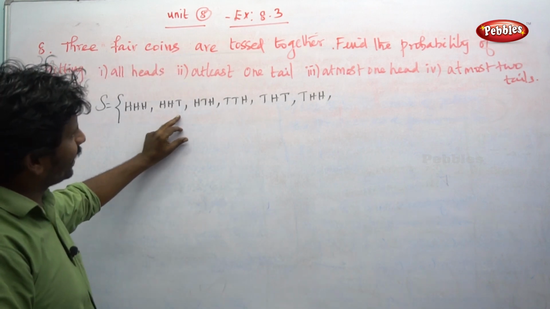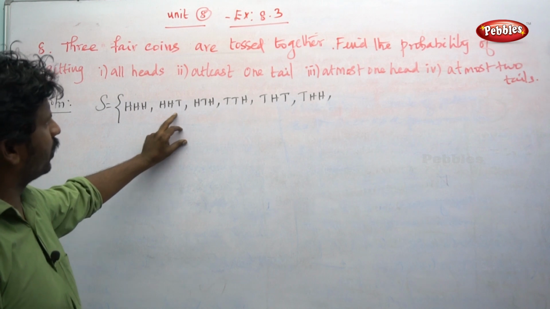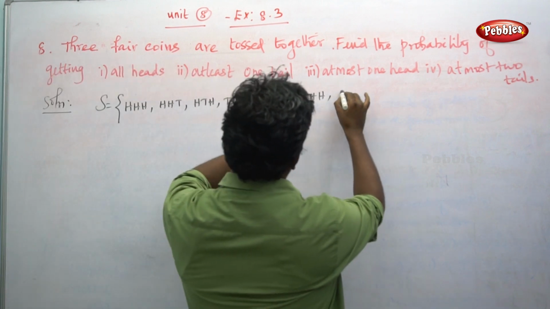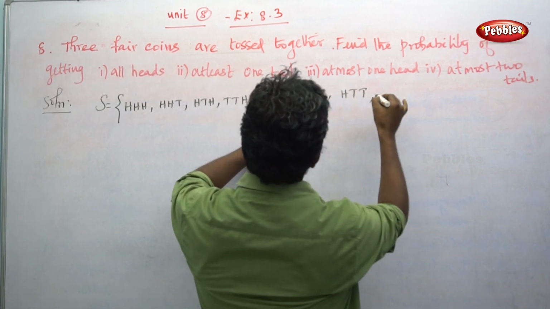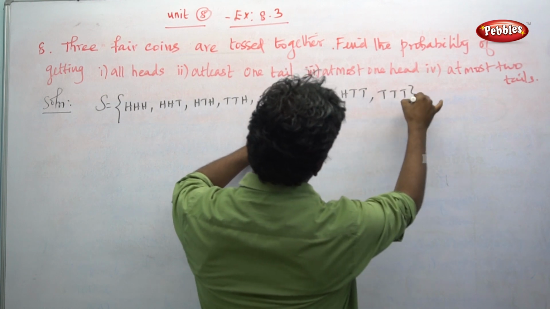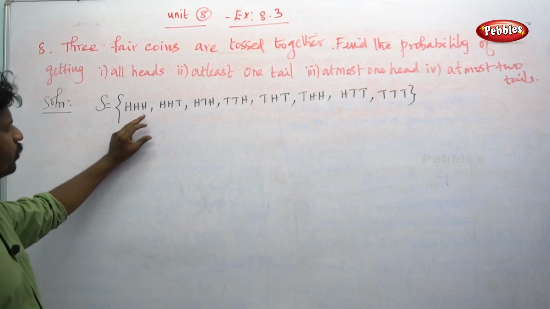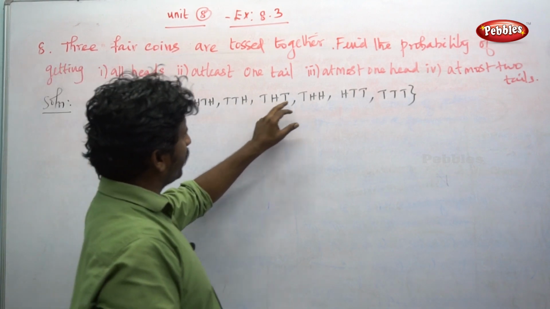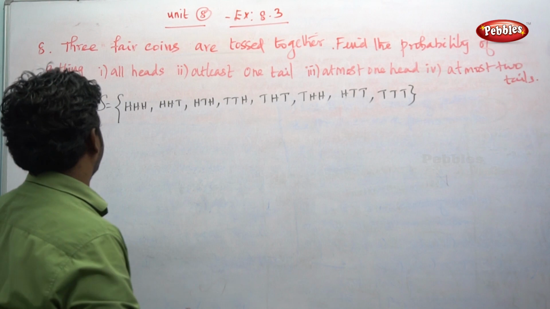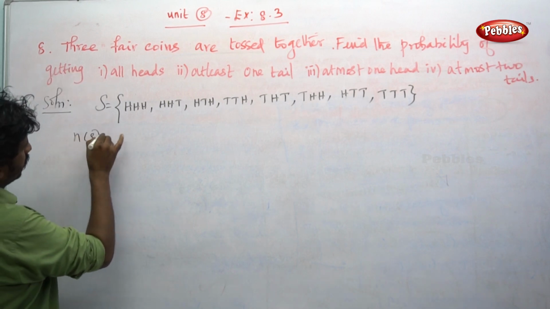Other than head tail tail, have we written it? Not yet, right? So head tail tail, then tail tail tail. We can check like that. The total should be 8, right? Even if we miss something, we can find it. 1, 2, 3, 4, 5, 6, 7, 8, right? So n of S is equal to 8.